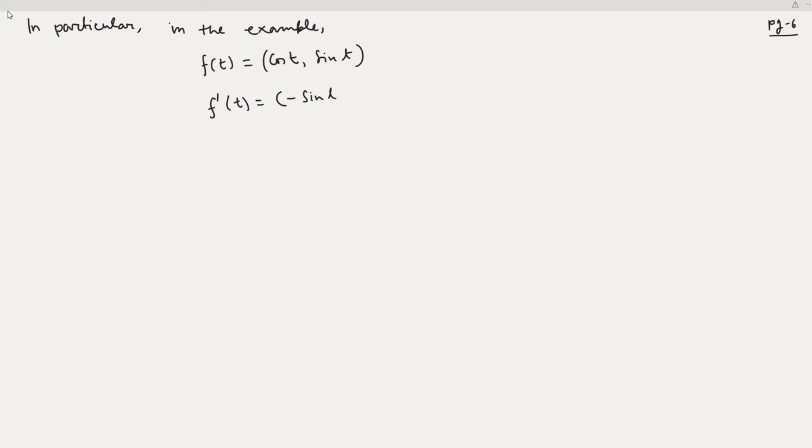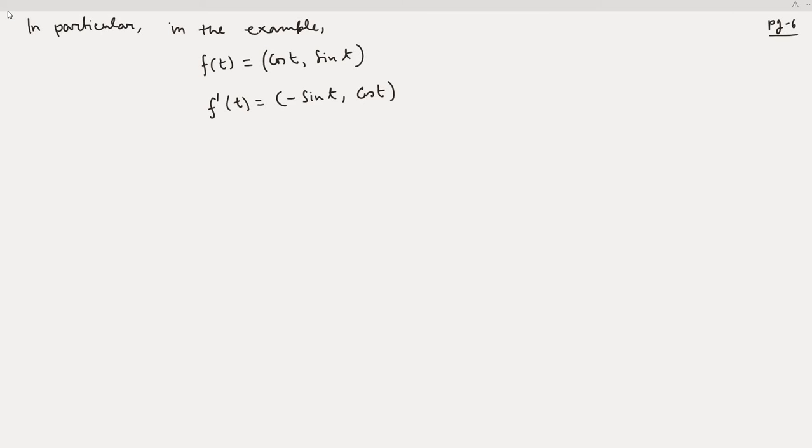In particular, if we apply this in example 1, in the example f of t equal to (cos t, sin t). This is the function we have considered. Then f prime of t is equal to (minus sin t, cos t).